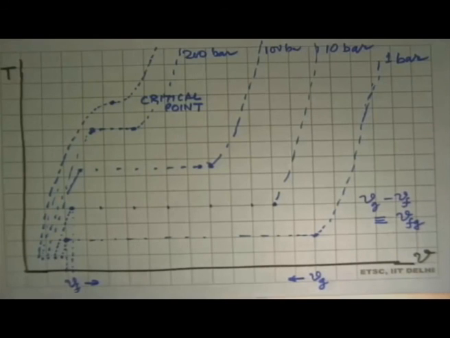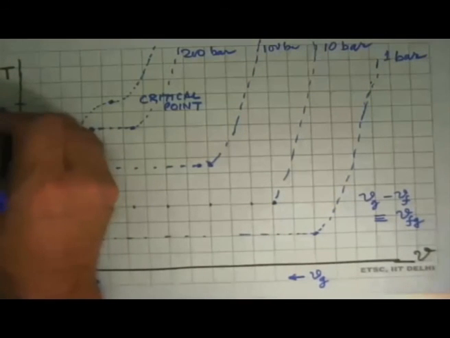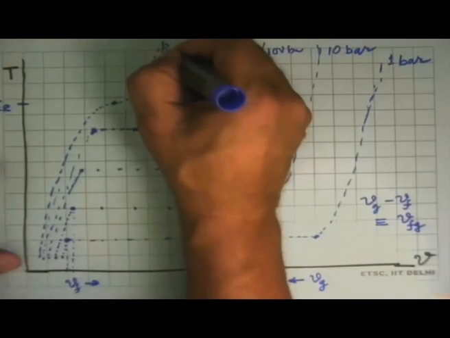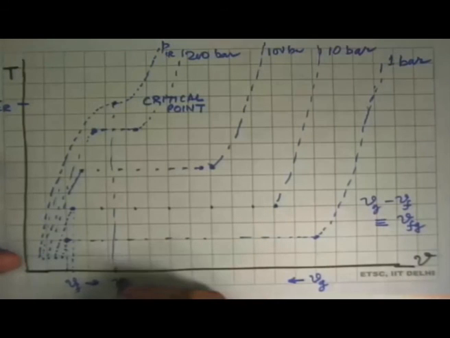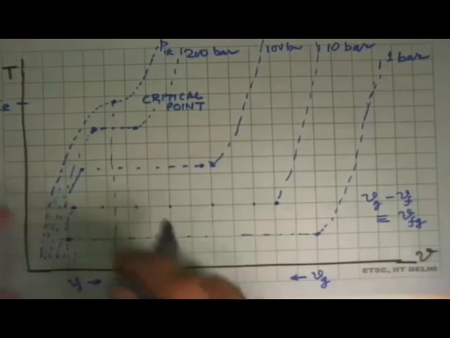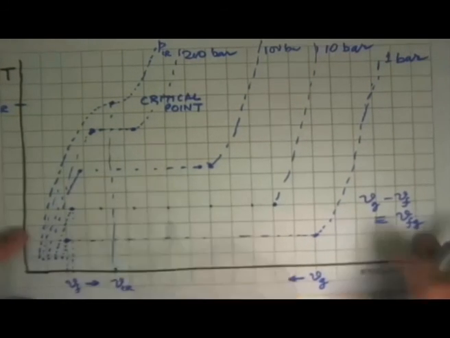This is a unique property of every substance, and it's all tabulated. At the critical point, this temperature is called the T critical. The corresponding pressure at which it happens is P critical. The specific volume at which this happens is V critical. Specific enthalpy at that point is H critical. Entropy is S critical, and like that. So this is a unique point.